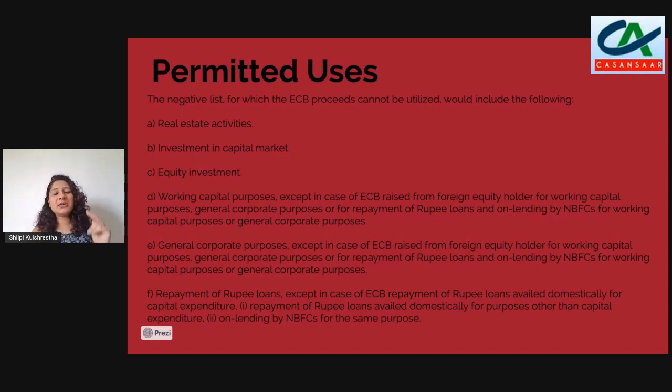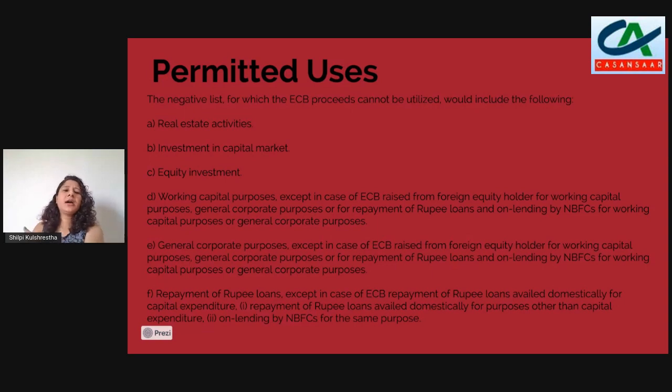As the name itself suggests, external commercial borrowing means any borrowing taken from a non-resident entity for commercial purposes only. But the government has already excluded some areas where you can't use your ECB. Meaning for that particular expense, for that particular commercial need, you just can't take a loan, right? So that is the purpose.